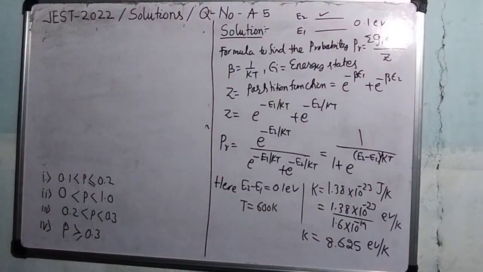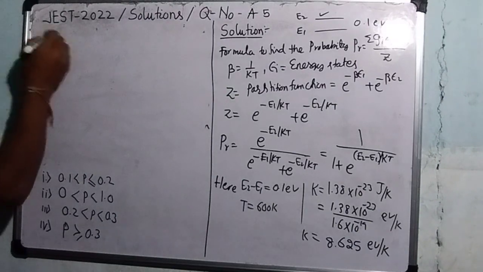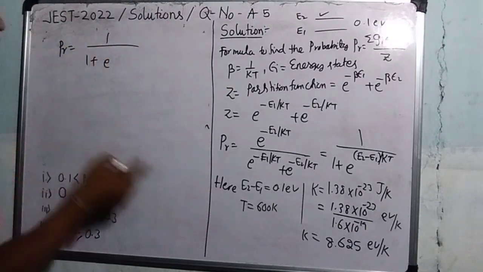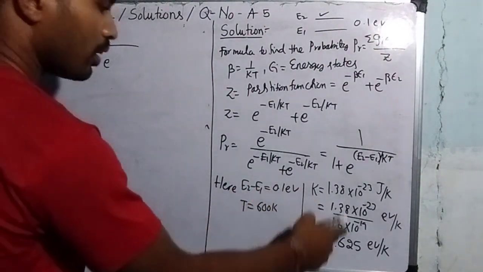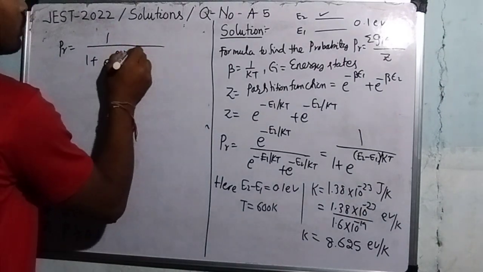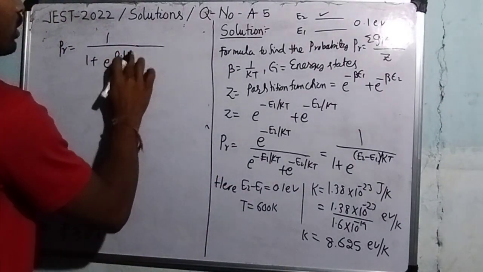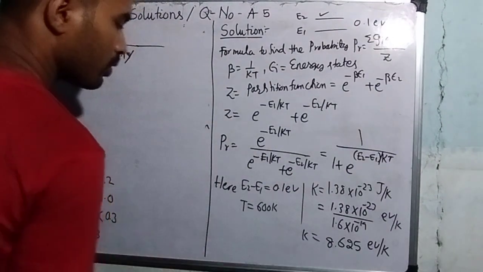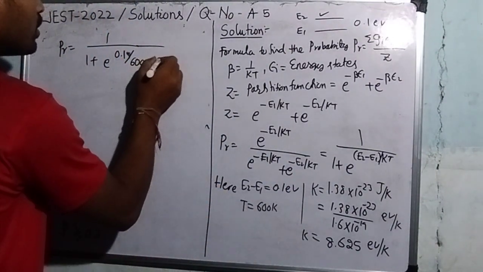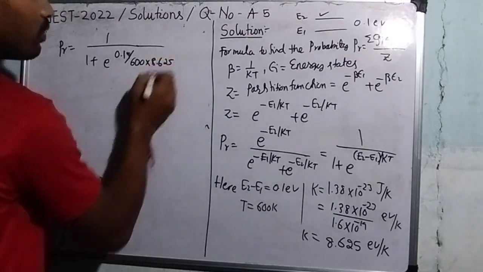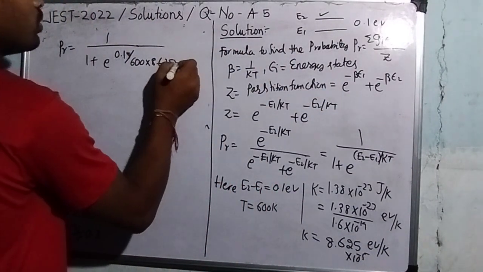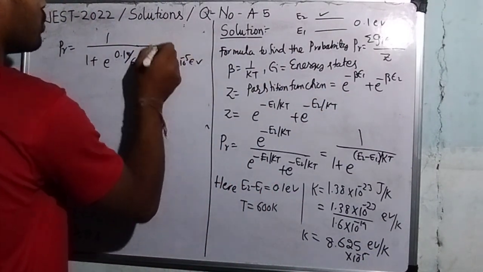Now, putting the values, P_r equal to 1 by 1 plus e to the power 0.1 divided by 600 into 8.625 into 10 to the minus 5 electron volt.